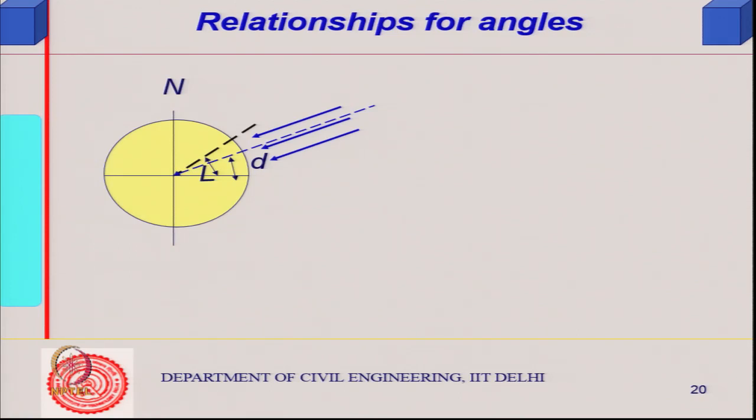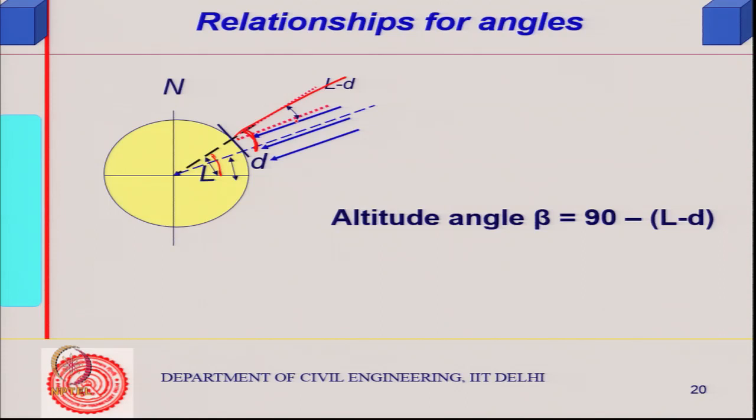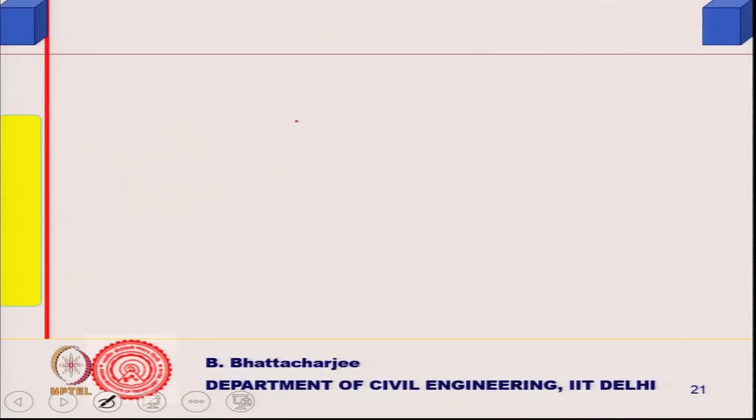This is my location, and the latitude angle is between these 2 points. So, this angle is latitude minus declination. This is vertical, this is the sun's ray, so the angle between vertical and the sun's ray is the zenith angle, and 90 minus that is the altitude angle, as I was telling you earlier. So, at 12 noon, the altitude angle beta equals 90 minus (L minus d).